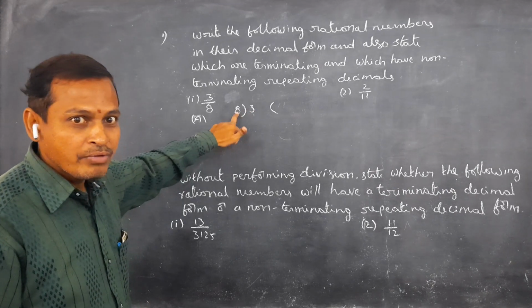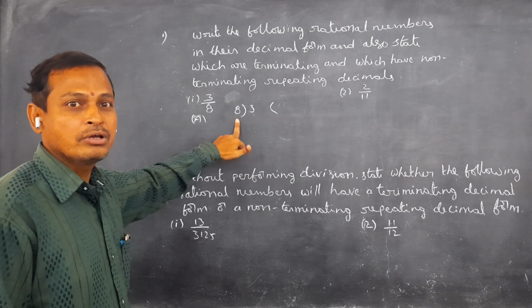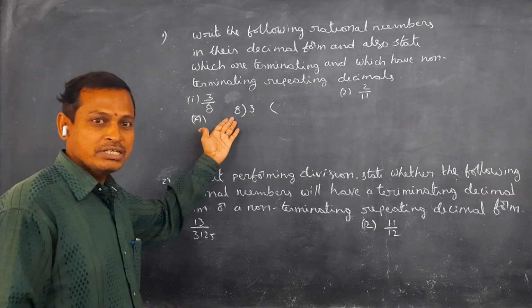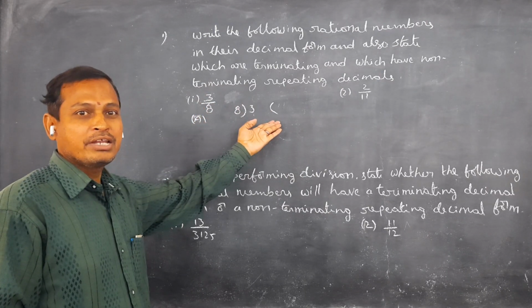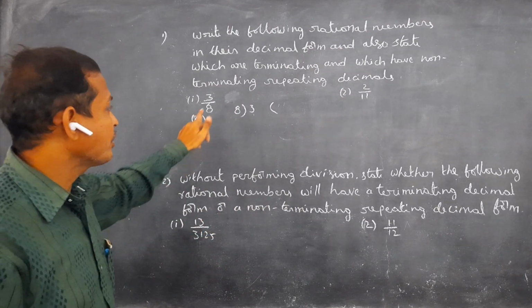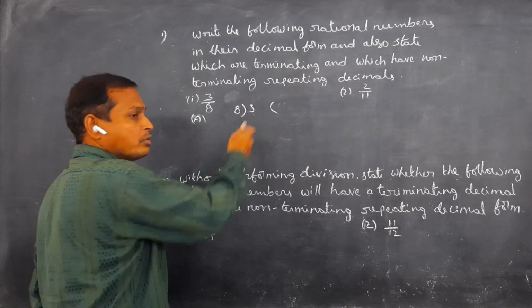Many children make mistakes here. If you write the numerator 3 on this side and 8 on this side, that is wrong. We should write the denominator as the divisor.